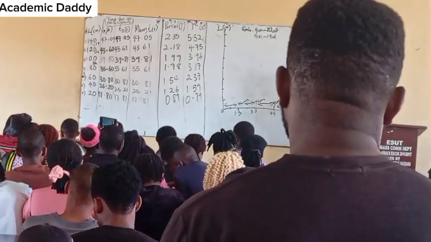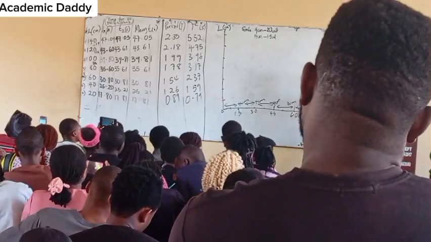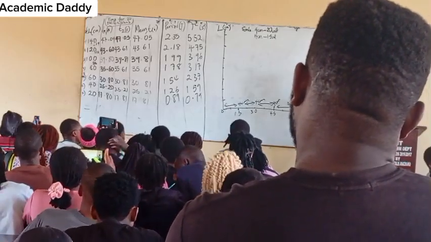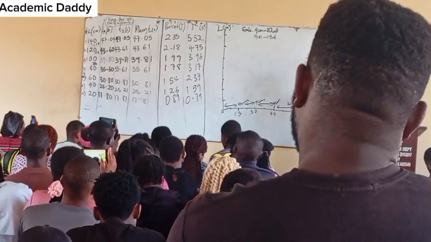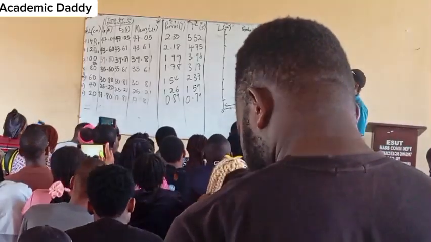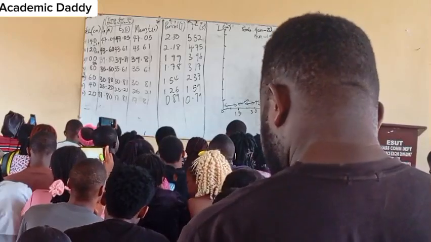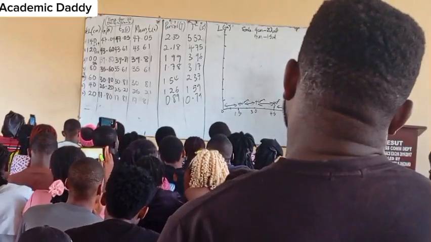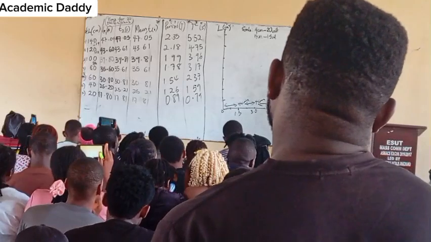You can always go to your notebook and check: when I finish my graph and I'm finding my slope, since I have centimeters on this side and seconds on this side, the slope is always the vertical side over the horizontal. So I know that this is going to be centimeter per second squared. So that when you calculate your slope, you remember to put it.